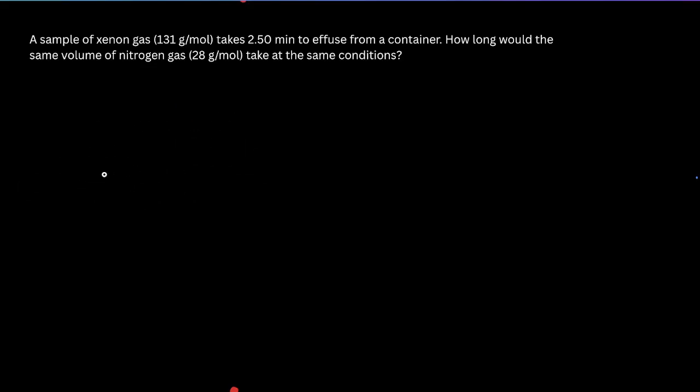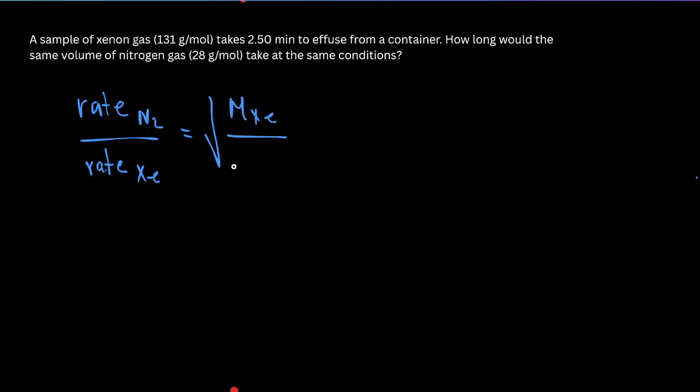So, writing out the general Graham's law in this exact scenario, we see that the rate of nitrogen over the rate of xenon is equal to the square root of the molar mass of xenon, again this inverse relationship, over the molar mass of nitrogen. But then, looking at time, again, we know that molar mass and time are directly related. Let's first show the rate of N2 and the rate of xenon.